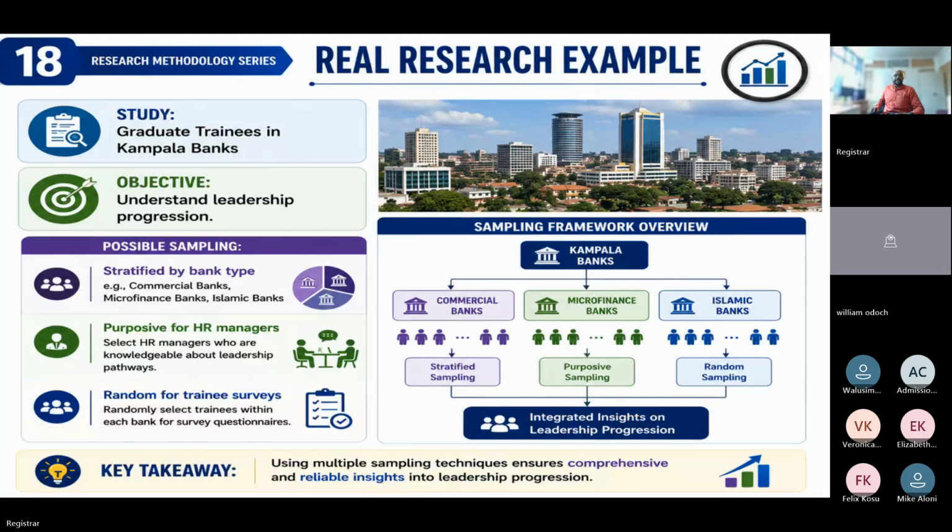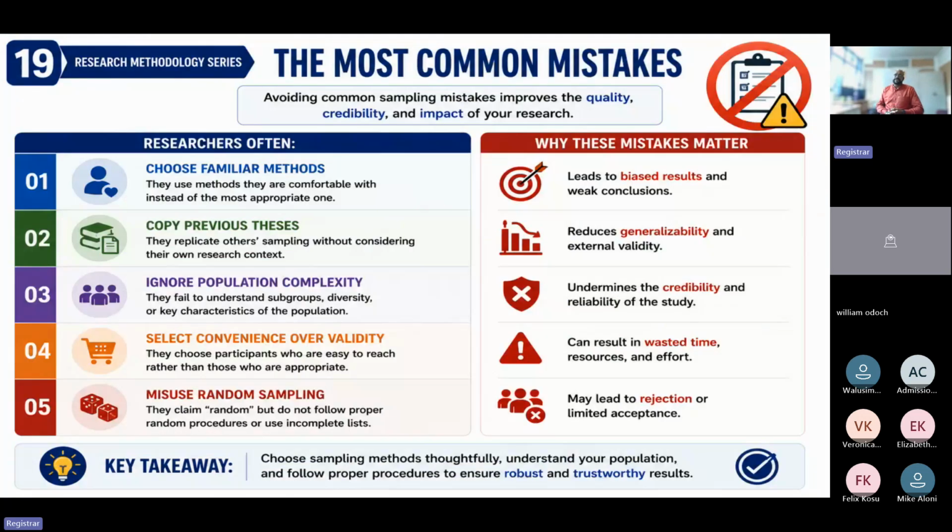Now, the most common mistakes that happen with researchers. The first one: always we tend to use something that is more familiar to us, that is our way of life. That is human nature.